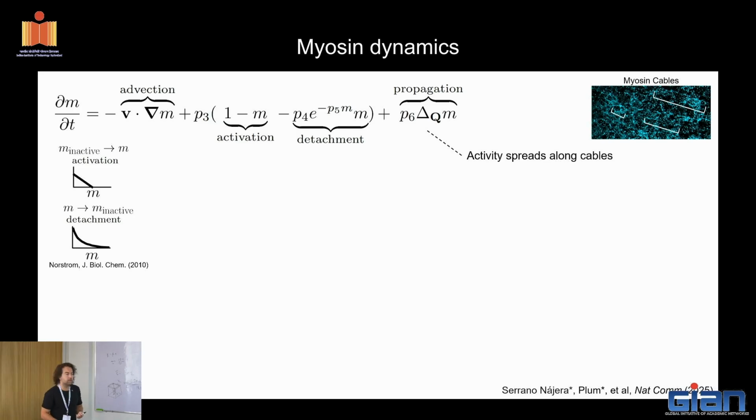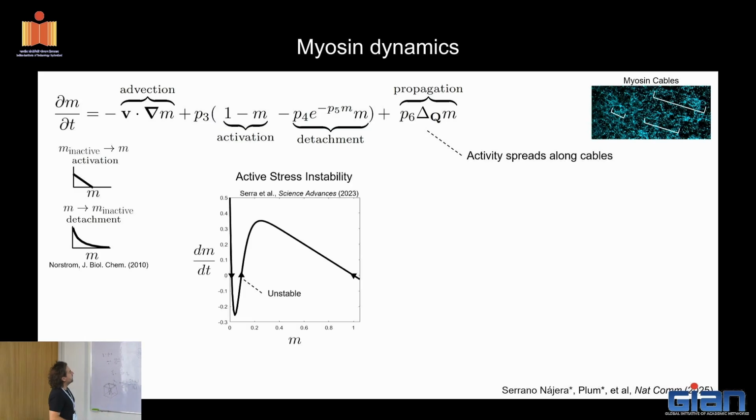Okay, so this is the minimal model for this dynamic, and what we found a few years ago is this. If you study the equilibria of this PDE, you have a PDE in this case, not an ODE, and you look for equilibria.